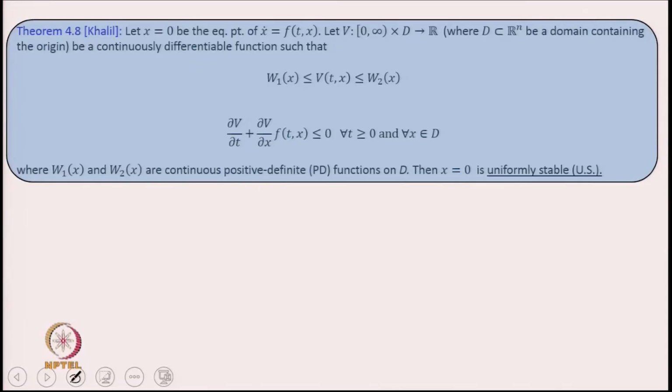So, let us look at the main theorem, which is theorem 4.8 in the book by Khalil. I encourage that you look at this theorem in more detail. So, this theorem says that let us consider x equal to 0 to be the equilibrium point of the system.